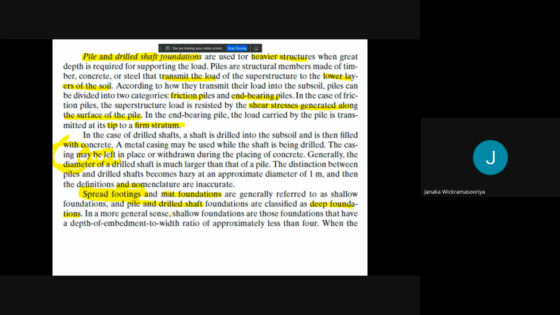If we define a shallow foundation, those are foundations that have a depth of embedment to width ratio approximately less than 4. That means the depth of embedment.